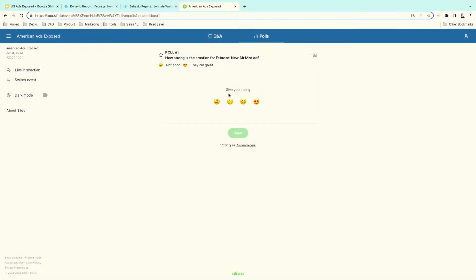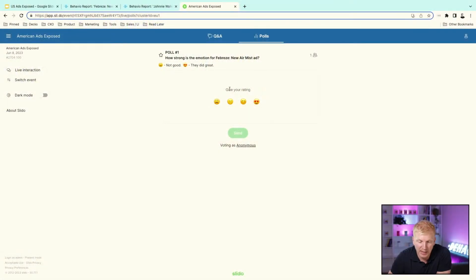So, how strong is the emotion? What do you think? I'm gonna be voting myself. I'm already in Slido, as you are. So, what I'm gonna rate? I actually think I was a little bit disturbed by all these stinky things and the toilet at the beginning.